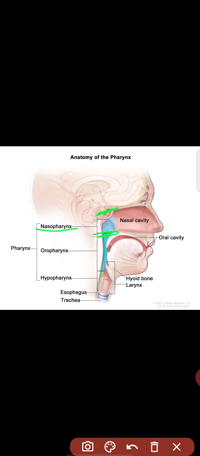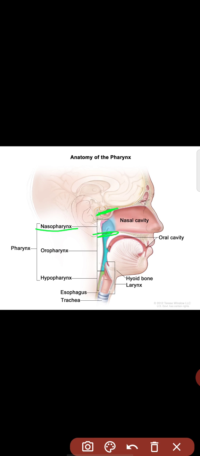Nasopharynx contains the tonsils, which are lymphoid tissue. These are also known as pharyngeal tonsils or adenoids. Your nasopharynx contains the auditory tube, which is also known as the Eustachian tube. The Eustachian tube is a connection from the middle ear to the pharynx.